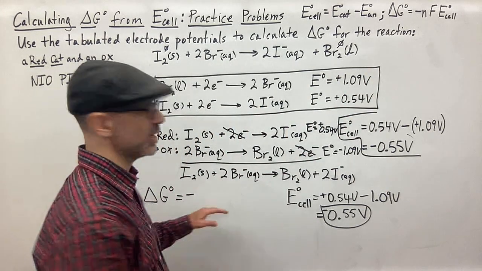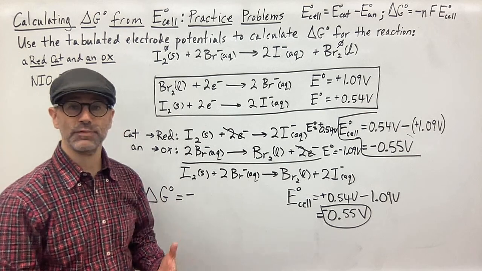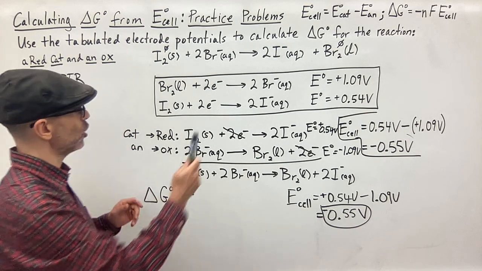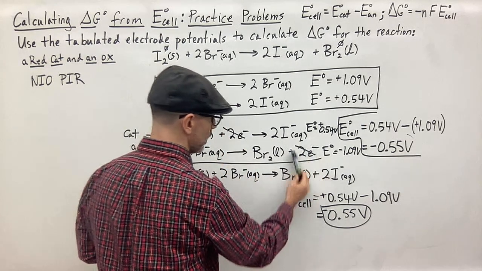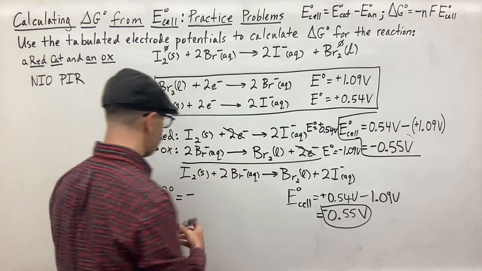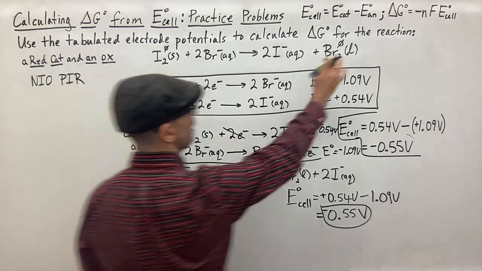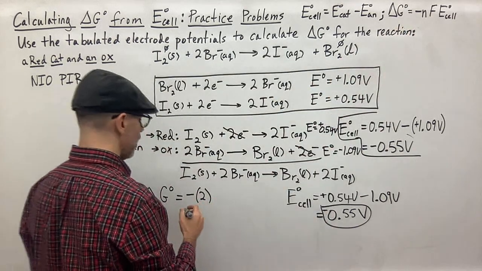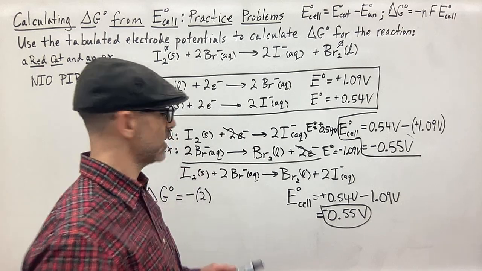And n represents the number of electrons, the moles of electrons transferred in the reaction. So we can see here that we have 2 electrons here, 2 electrons here. That's 2 moles of electrons. So that's going to be a 2 for the n. And F is Faraday's constant.